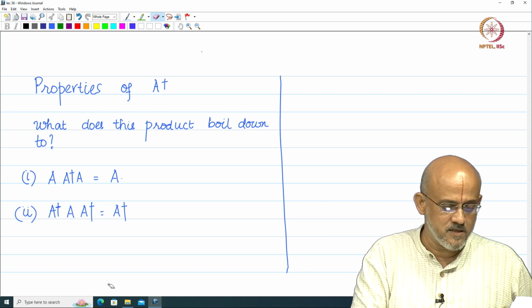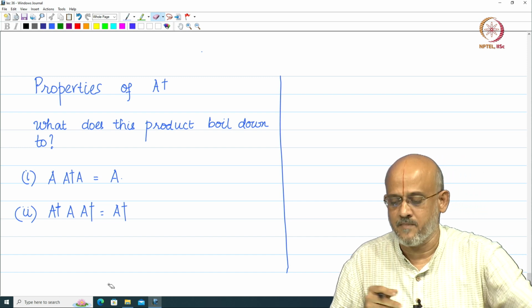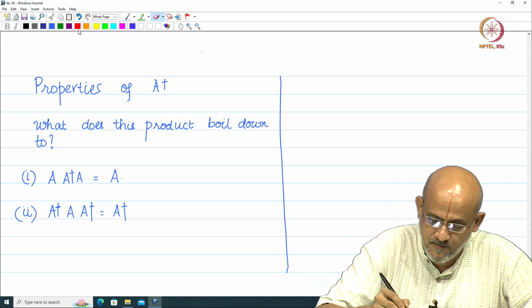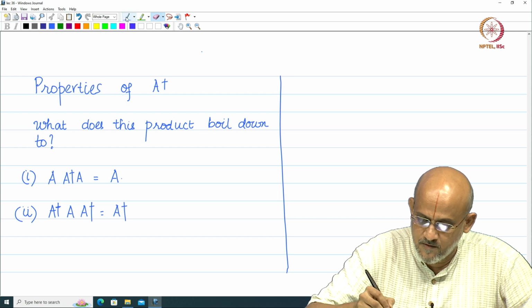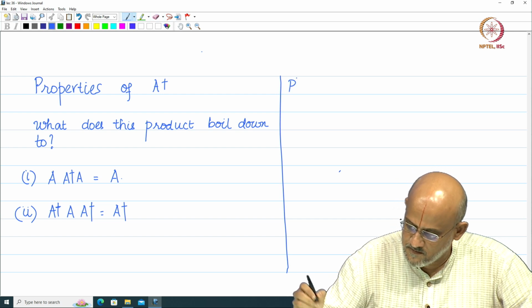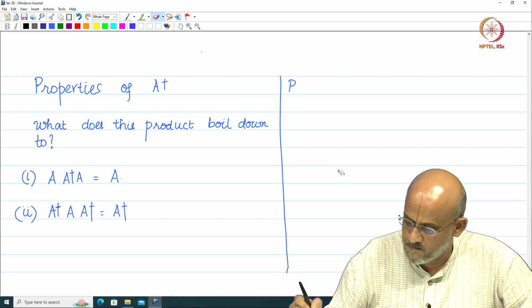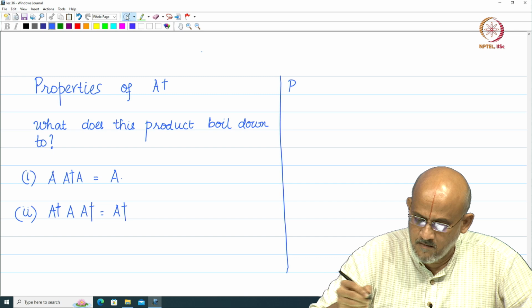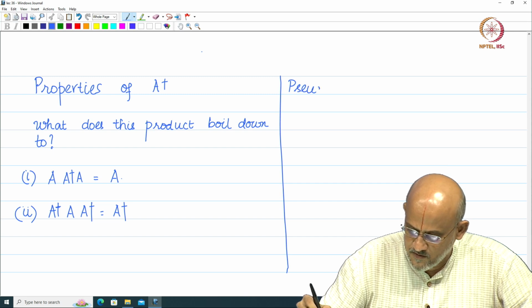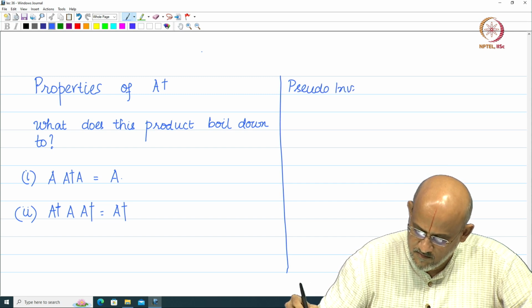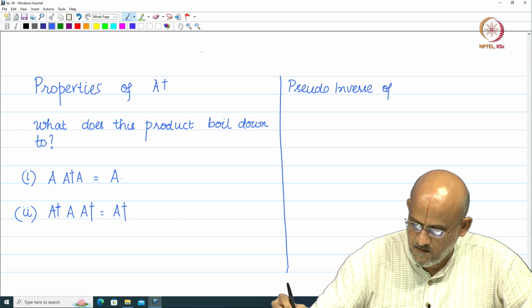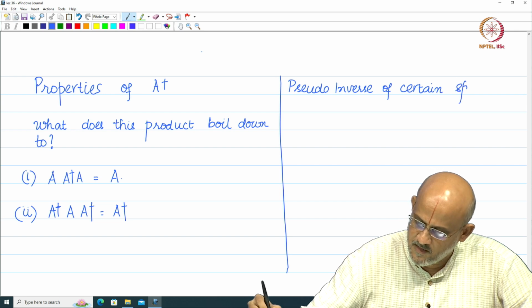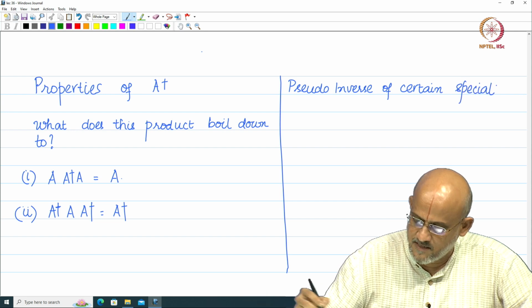Now, what we are going to do is look at the pseudo inverse of certain special matrices.